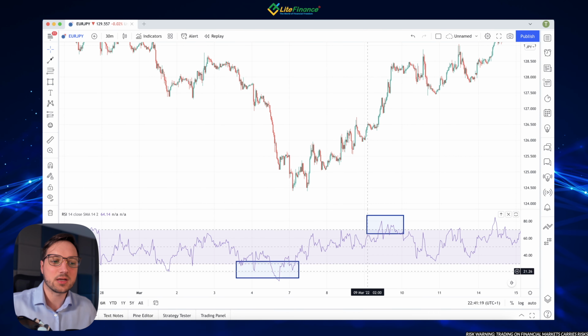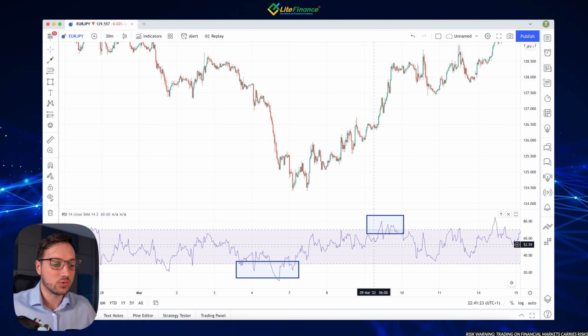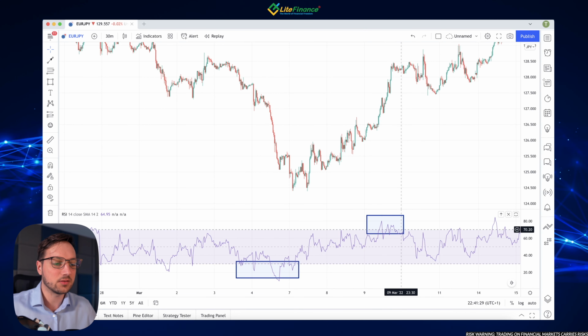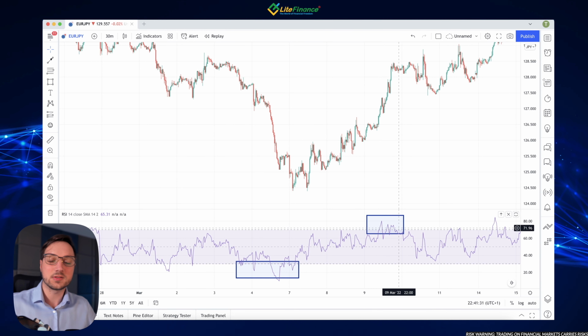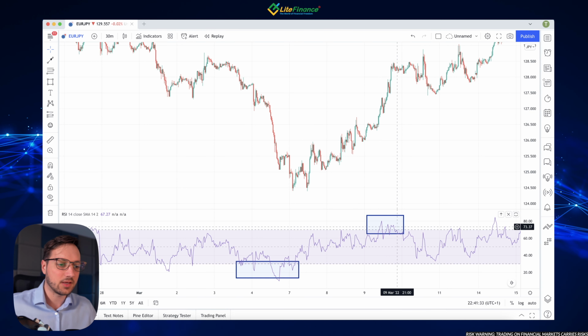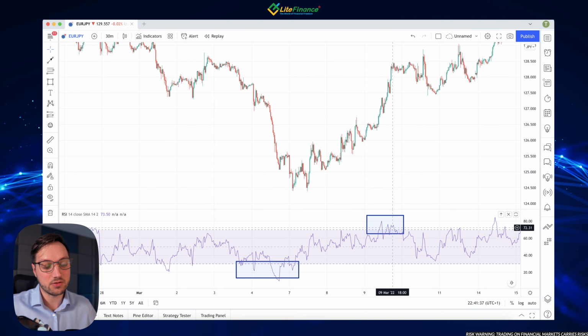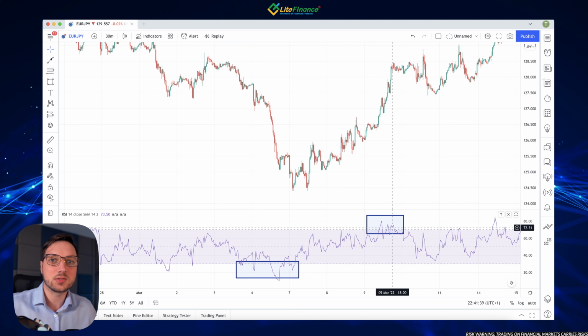Because the RSI measures the momentum of the price, which means that when the RSI indicates to us that it crossed the 70 line, the price is currently overbought and it loses its momentum, and it is very probable that the price will reverse in the opposite direction.